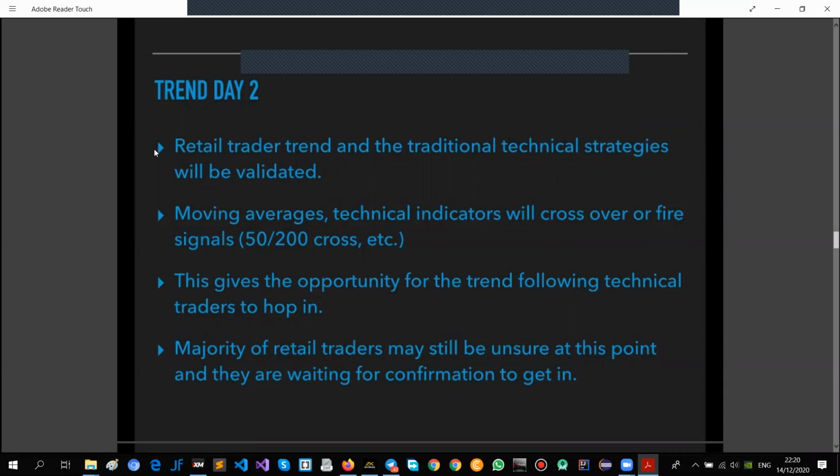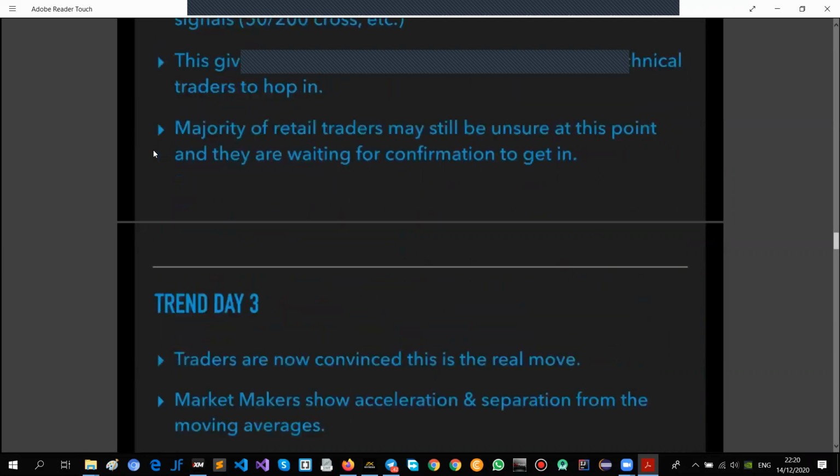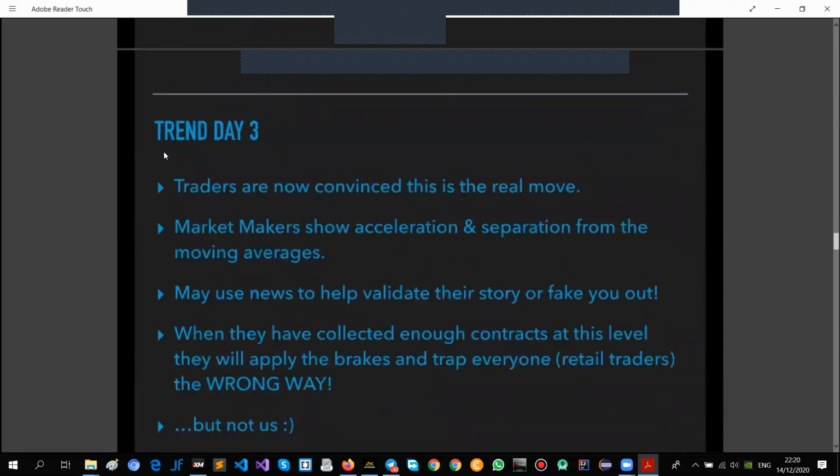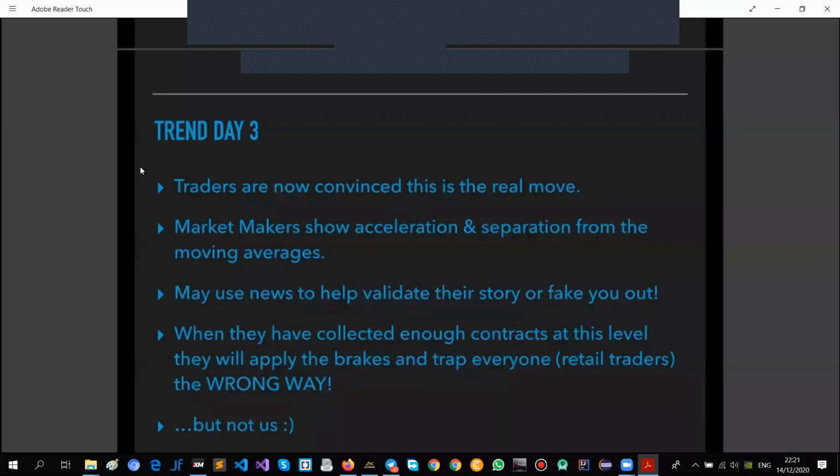So waiting for the big day now, getting into the big day, the trend day three. Traders are now convinced that the move is real. After they have the strategies confirmed, the trend lines, the support and resistance are broken, those traditional indicators, the Fibonacci, the Haramis, and all those, they're all confirmed.